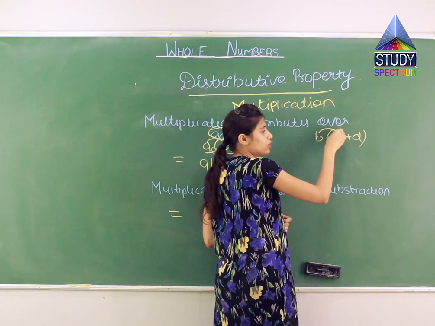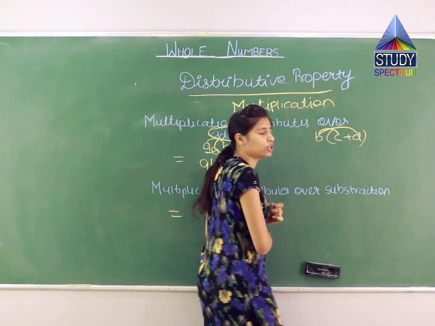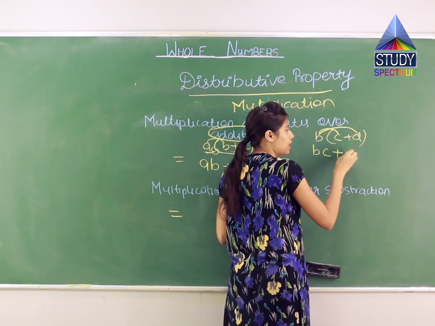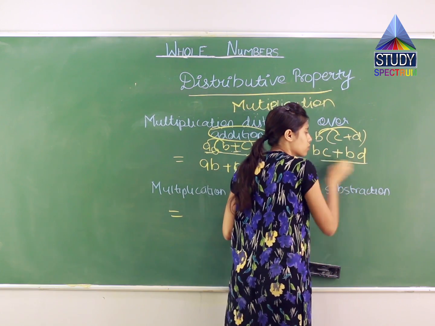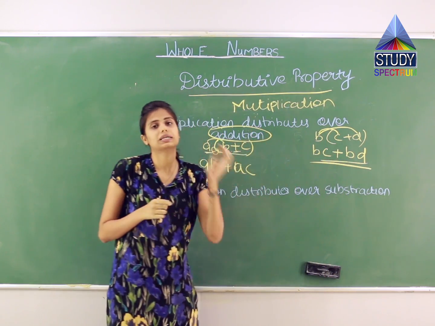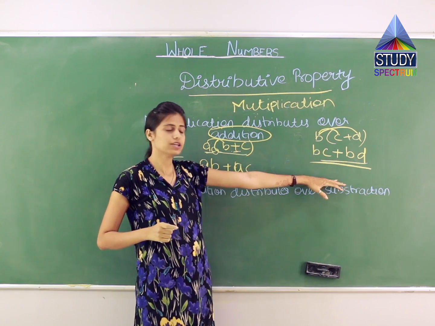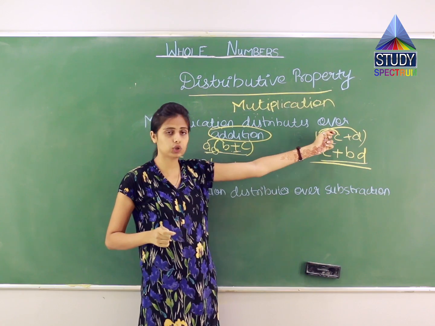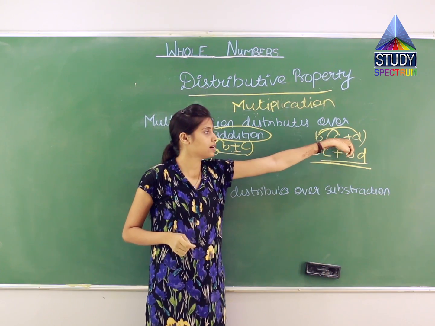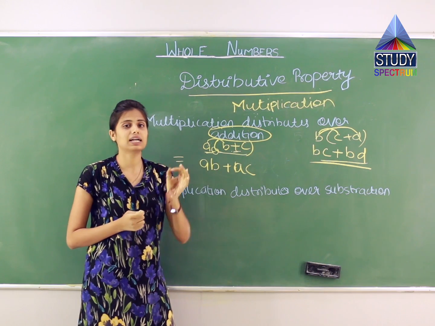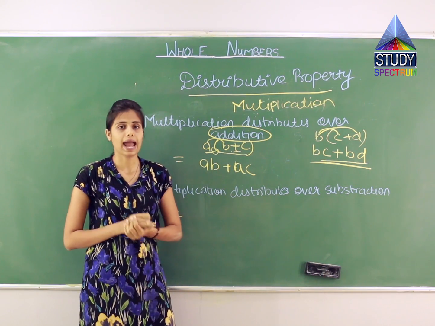I distribute this B to C and I distribute this B to D even. So what will I write? I will write B, C plus B, D. So this is the multiplication property over addition. Why multiplication property over addition? Because this B is multiplied to, in bracket there is an operation of addition. So this property is known as multiplication distributed over addition.